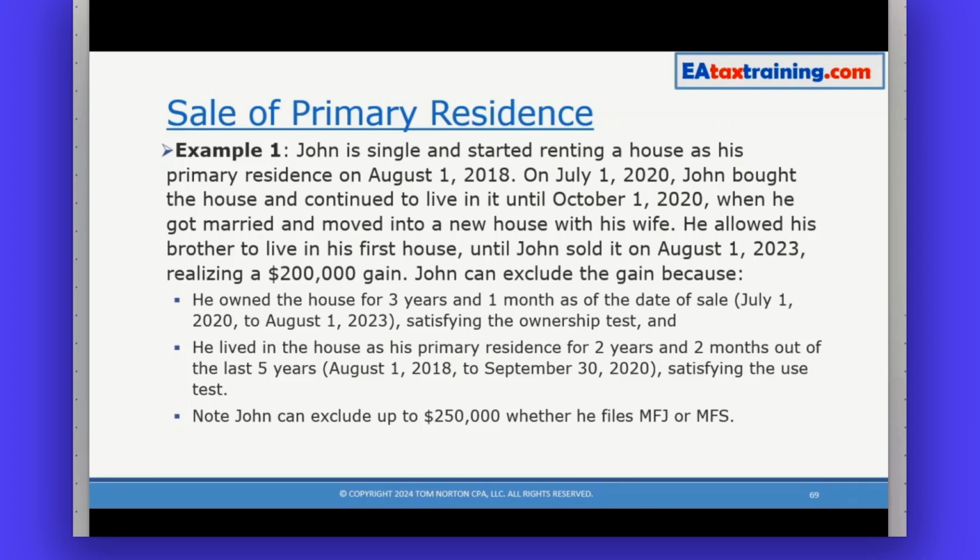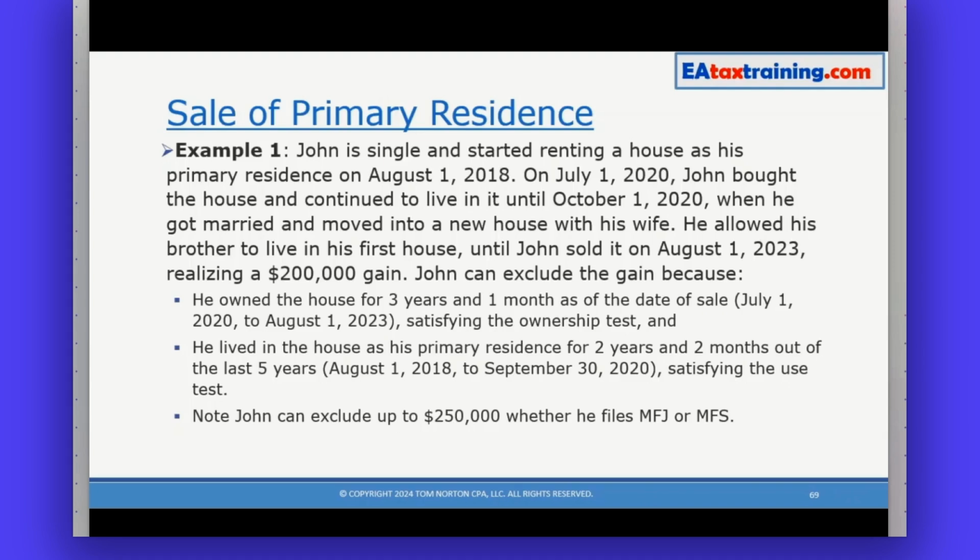It doesn't matter as long as you meet these tests. And note that he can exclude up to $250,000 of that gain, whether he files married filing jointly or married filing separately. So up to $250,000 of the gain.